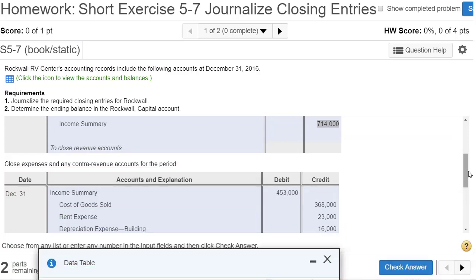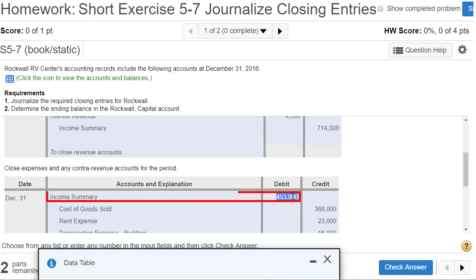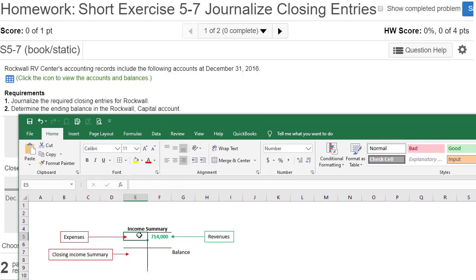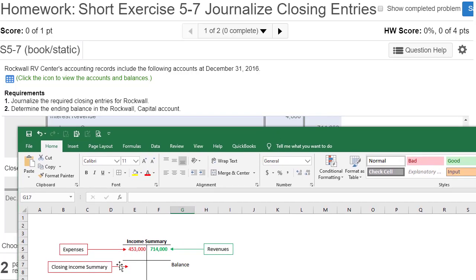So then I'm going to scroll down and find the other place where we have income summary. So we got 453,000 on the left side. Now we have to figure out the balance. So the balance equals the larger side minus the smaller side.